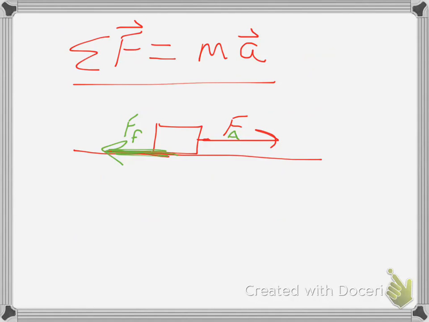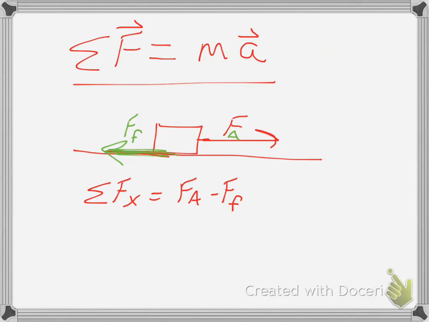So if you look at the diagram here, if you sum the forces along the x, then you would end up having the force applied minus the force of friction, and you're actually adding them, but as we know, if we call force applied positive, then force of friction has to be the negative of that, because it's pulling in the exact opposite direction.